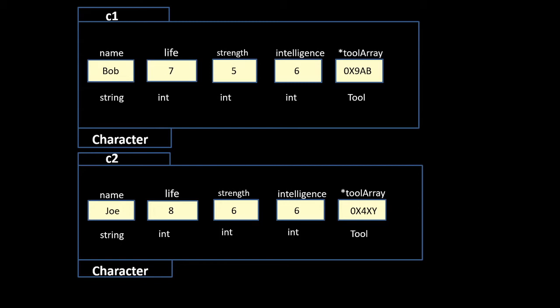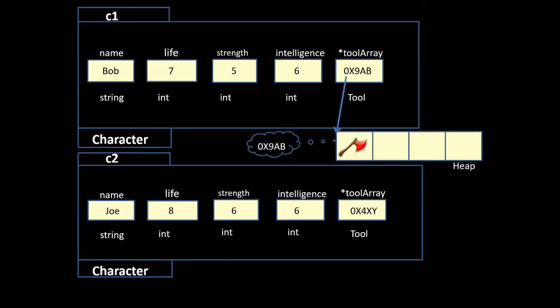So then we come back to C1 and we look at what it's pointing to. I've got this heap, and in the heap I'm storing different objects. So in this particular case, Bob has access to a weapon or a tool, which is an axe, and it's referenced by the address 0x9AB. Okay, it's out on the heap.